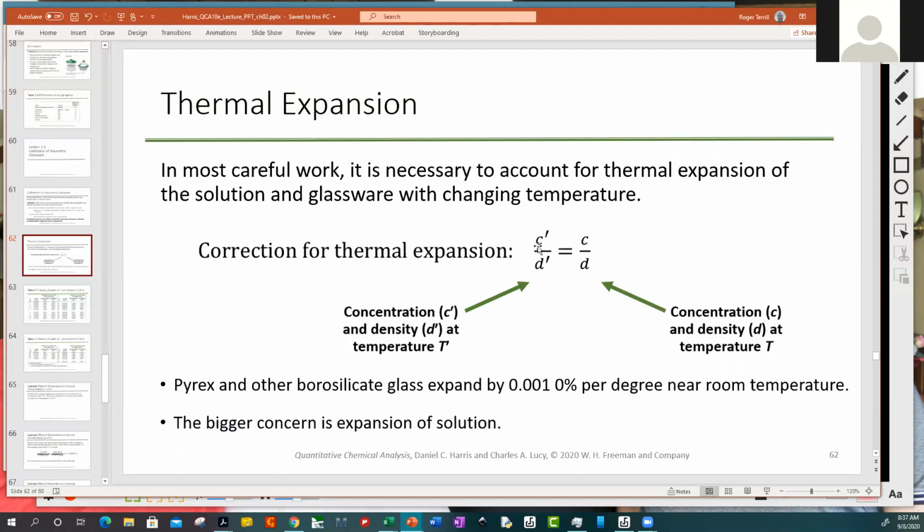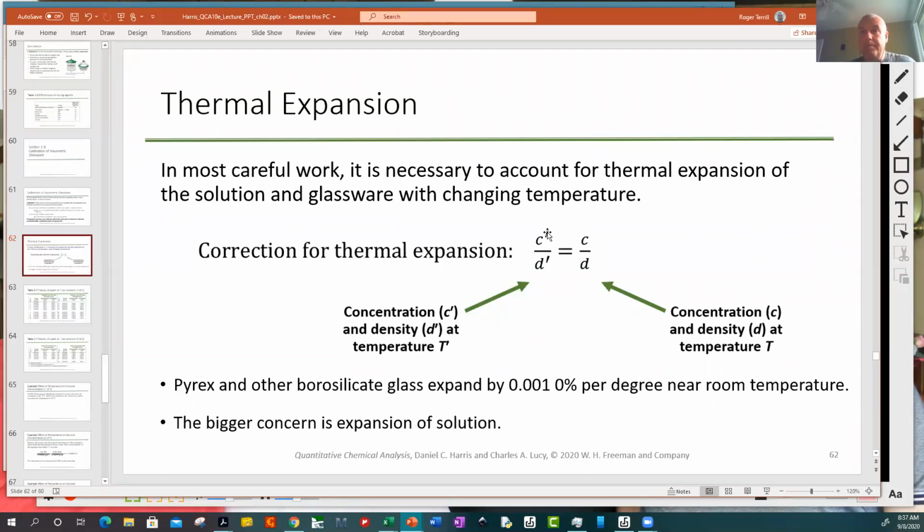So now the density and the concentration of the solution, density is the density of the solution, right? So how do I know the density of my solution, right? Well, in order to do this, we make an approximation that the density of the solution is equal to the density of water, right? So this is not perfect, but it gets us closer to the truth, right?